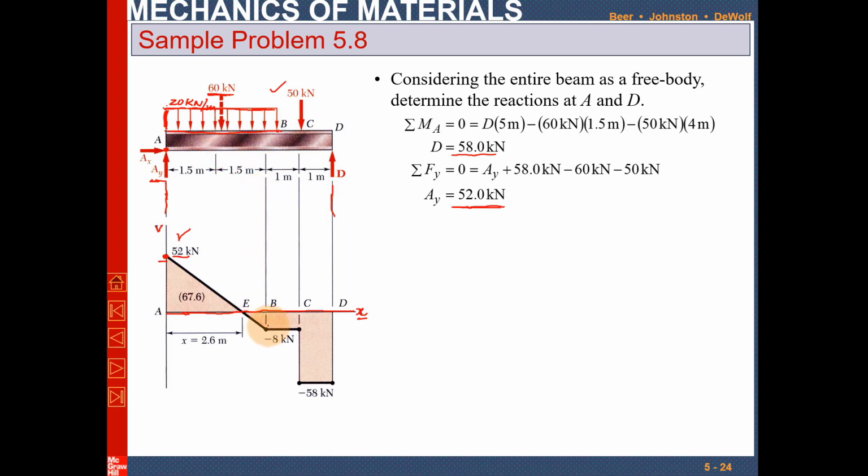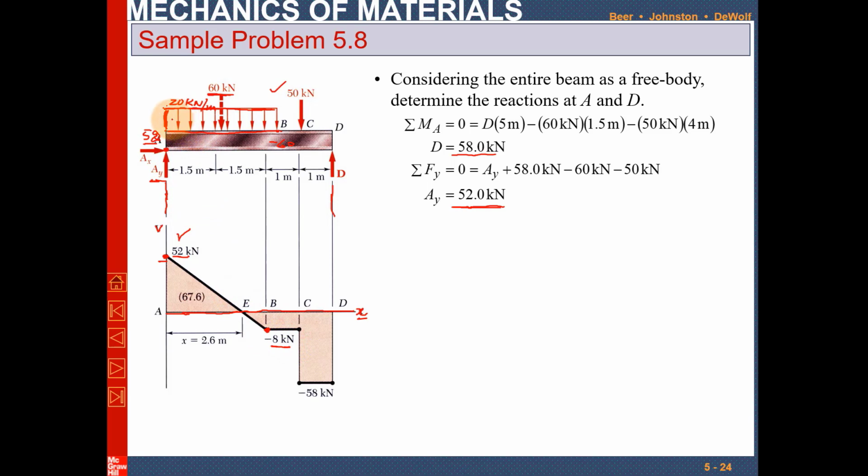So at point B there will be a 60 kilonewton force. But remember that at point A there was 52, so at point B there is minus 60. So 52 minus 60 will be minus 8. So at point B the shear force will be minus 8 kilonewton.